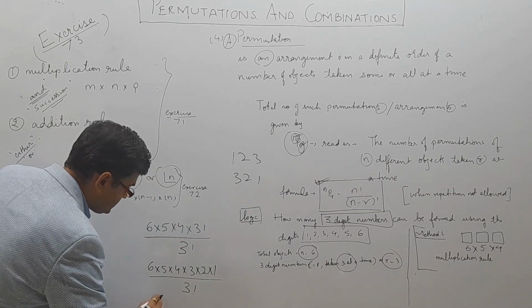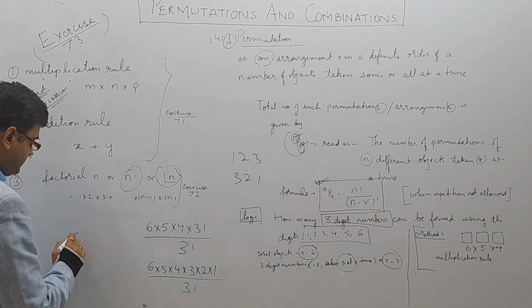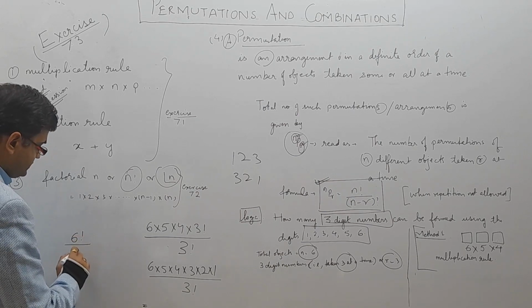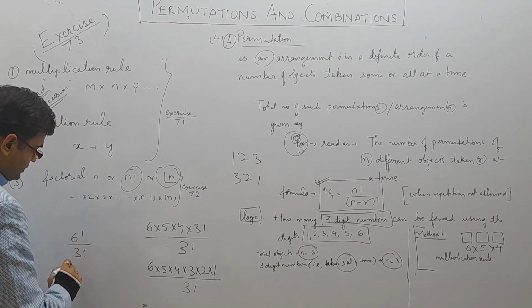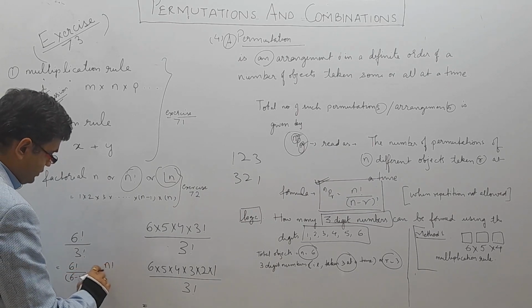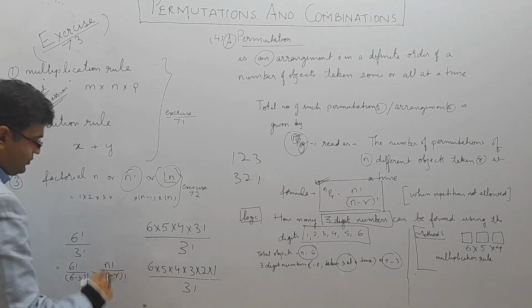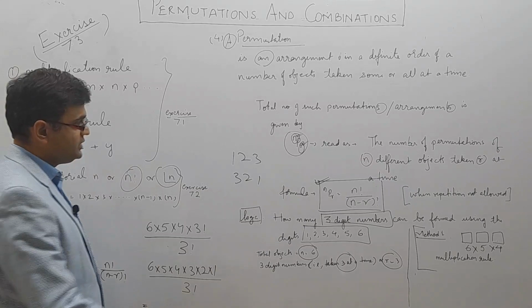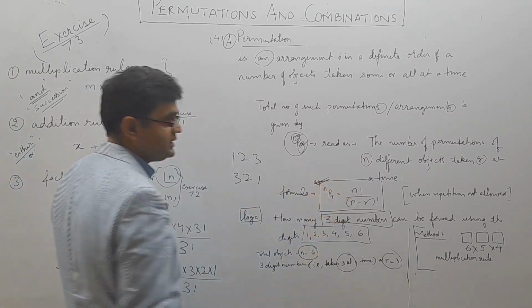And this is nothing but 6 factorial upon 3 factorial, which is equal to 6 factorial upon (6 minus 3) factorial, which is equal to n factorial upon (n minus r) factorial. So this is how we have derived this formula.